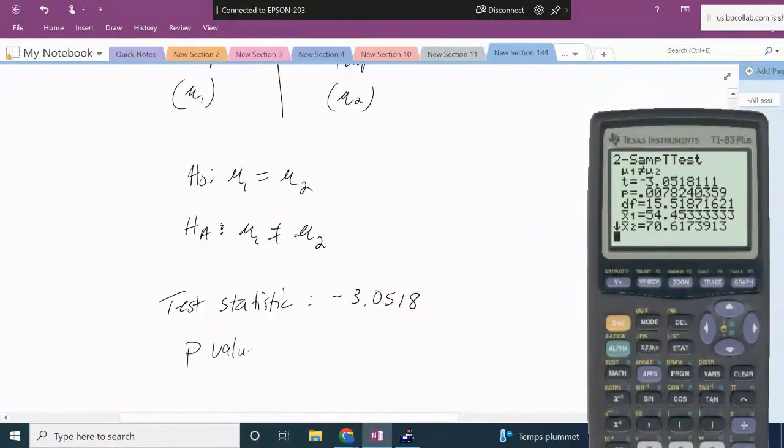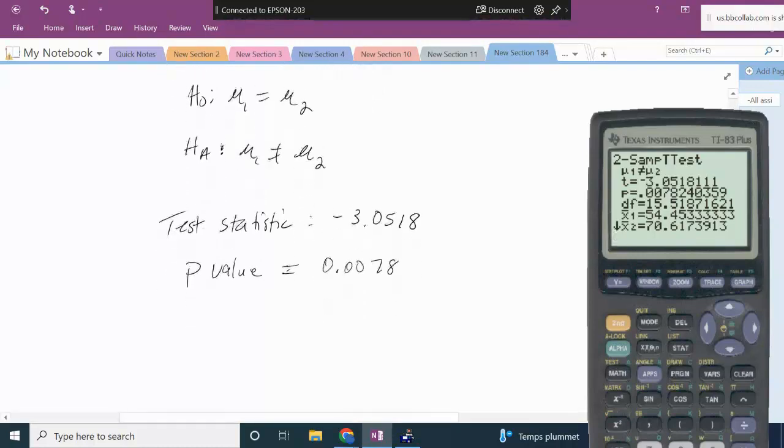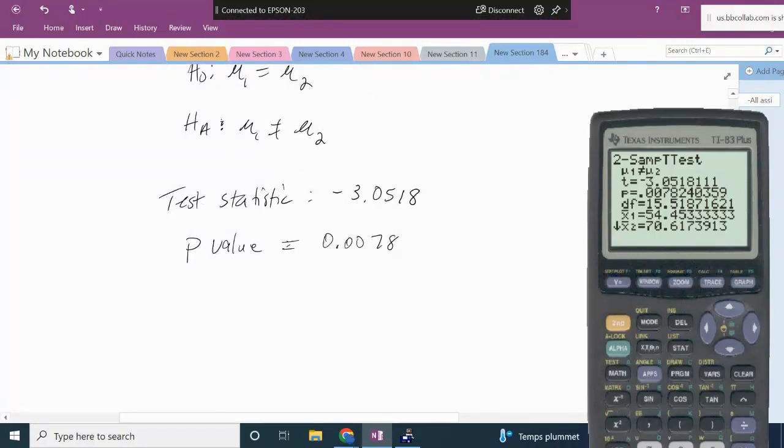The p-value is 0.0078. So now we're going to compare the significance level and the p-value.